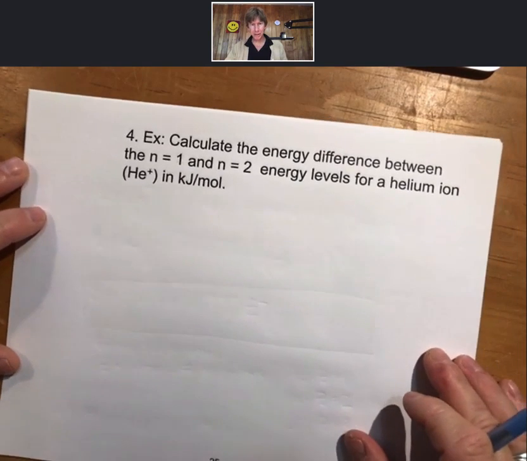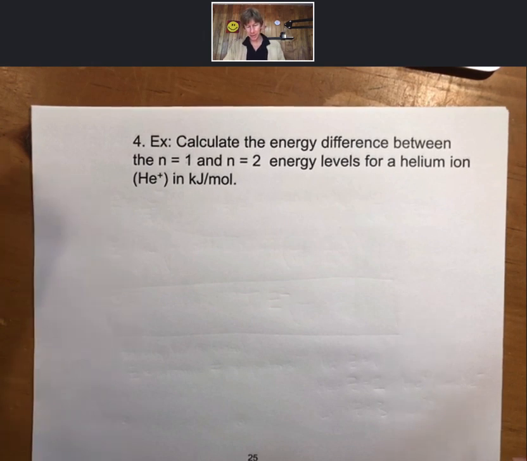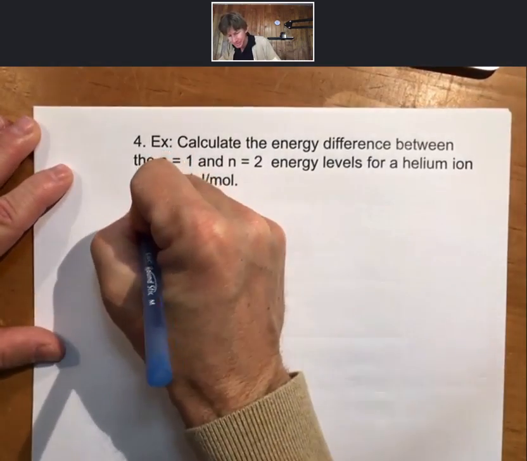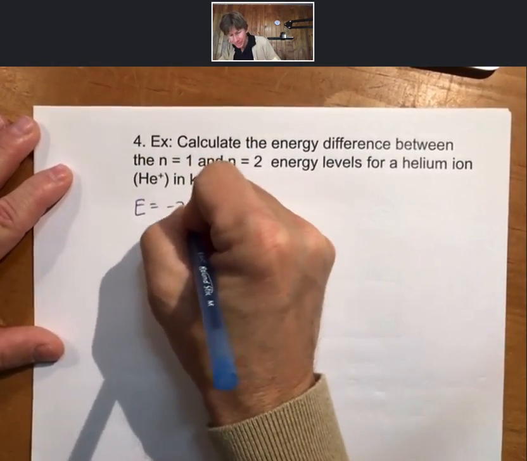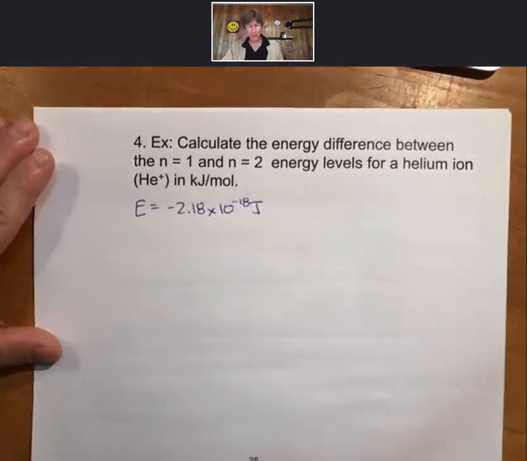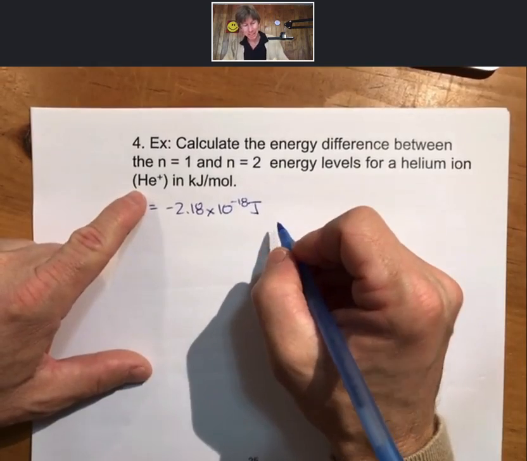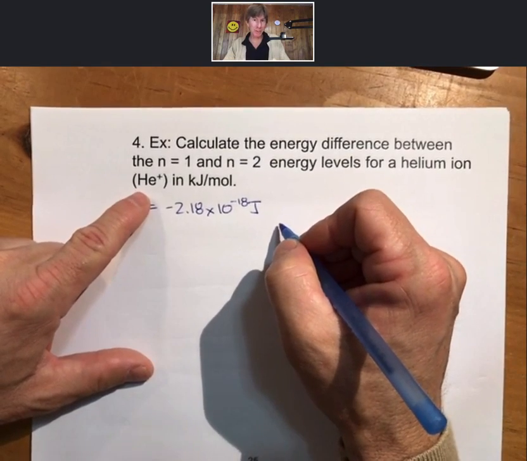Calculate the energy difference between n equals 1 and n equals 2 energy levels for a helium ion. Let's go ahead and do it. We have our first part of the equation, helium plus, that is a 1 electron system, so we can use this equation.